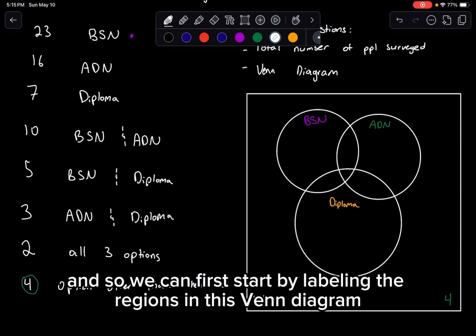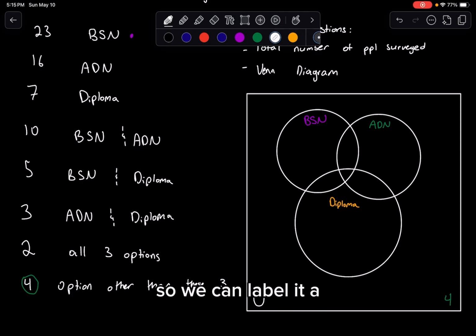And so we can first start by labeling the regions in this Venn diagram. So we can label it A, B, C, D, E, F, G, H.